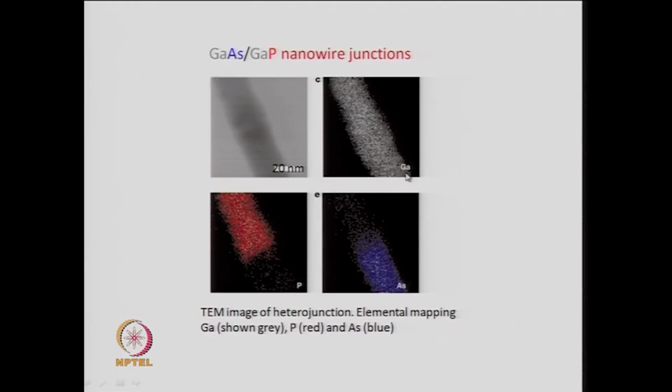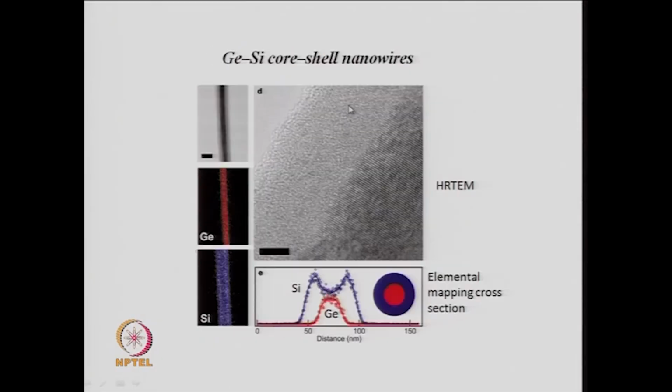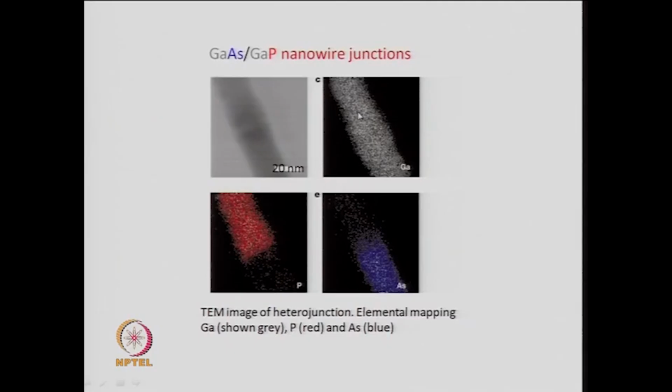So, for example, wherever gallium is there, you have the gray color. Gallium is there in both gallium arsenide as well as gallium phosphide. So, gallium will be there in this part as well as this part. Hence, the whole nanowire heterojunction, which has both gallium arsenide and gallium phosphide, will be showing gray spots like this, showing the presence of gallium throughout this heterojunction.